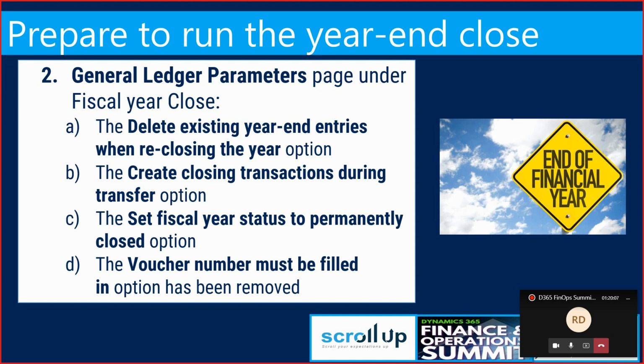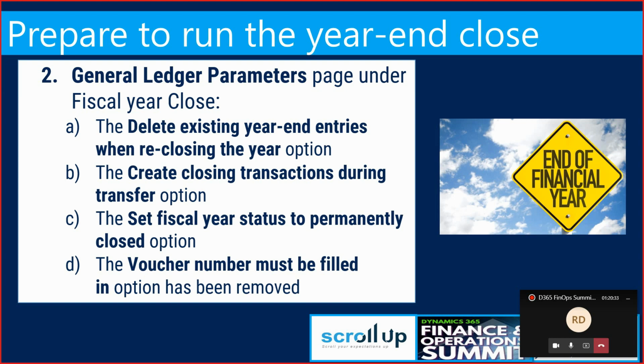First, delete existing year entries when reclosing the year. This option is very important. It's available in general ledger parameters and is used to specify whether the system-generated opening transaction from a previous year-end close should be deleted when the year-end close is rerun.